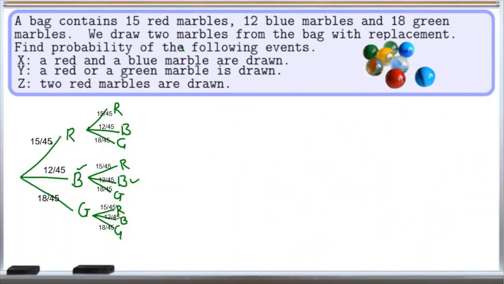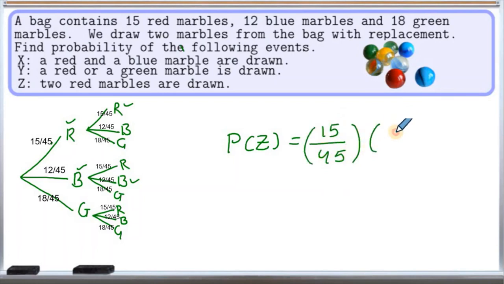So the last event is red and red. We can look at this branch here, this one and this one. So therefore the probability of Z equals 15 over 45 times 15 over 45.